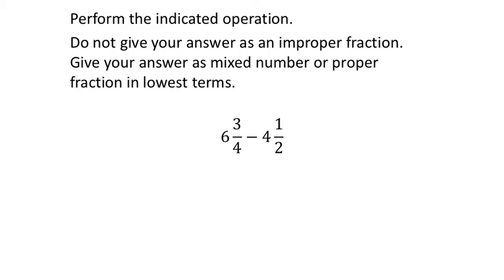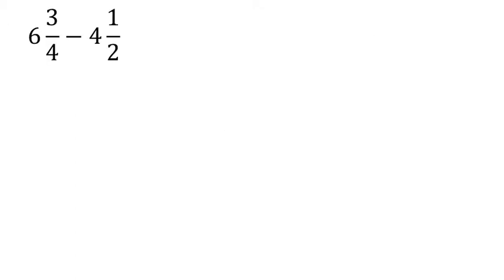Here we got 6 3/4 minus 4 1/2. But before we do, let's go ahead and change these two mixed numbers into improper fractions. And of course, the denominators will stay the same as 4 and 2 when we do this. But we will find new numerators for the 2. So cycle method on 6 3/4.